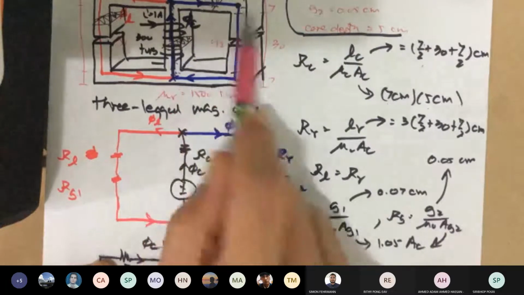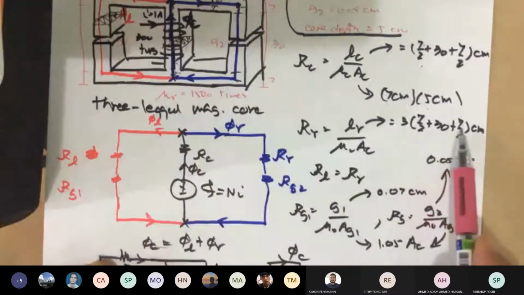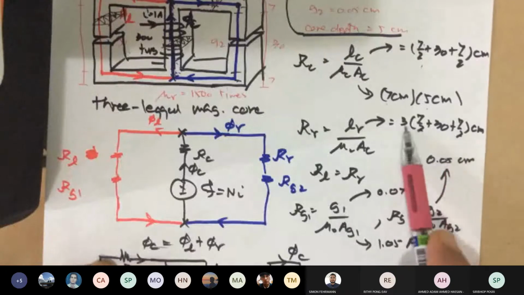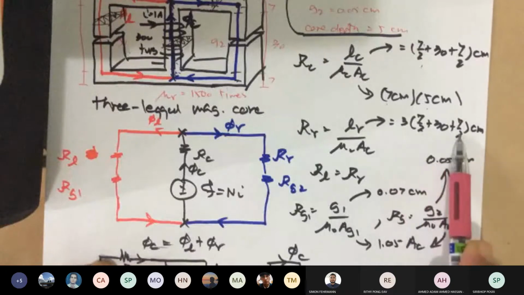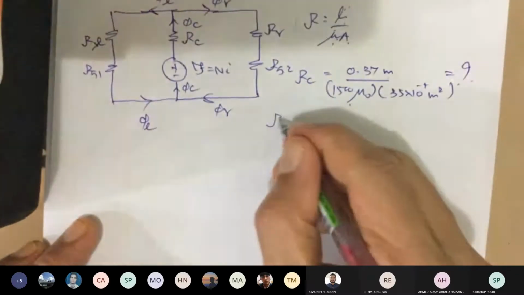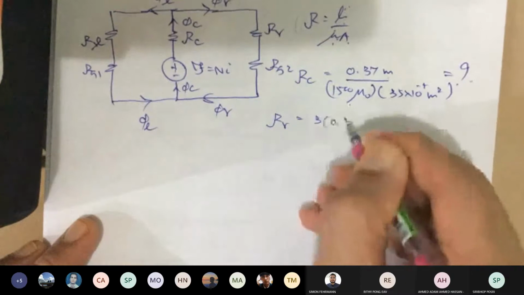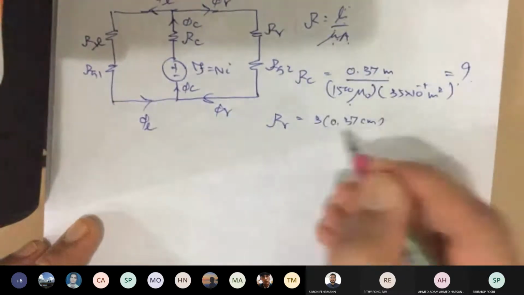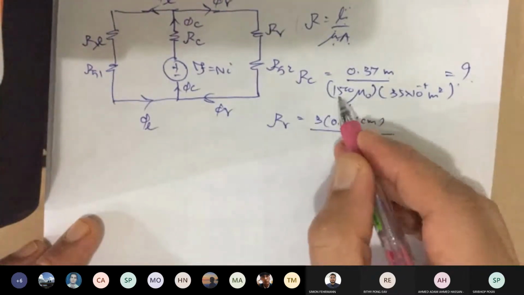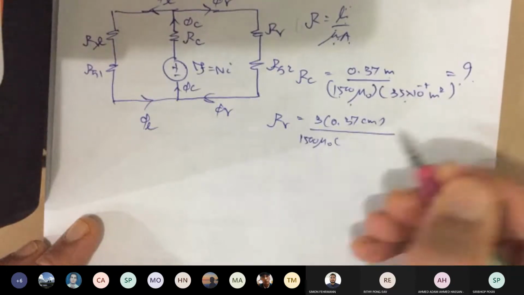So it's 3 times 7 divided by 2, plus 30, plus 7 divided by 2, 3 times that. That's why I put it here. So in this case, your R right becomes 3 times 0.37 meters, divided by, again, the same thing, 1,500 mu naught.